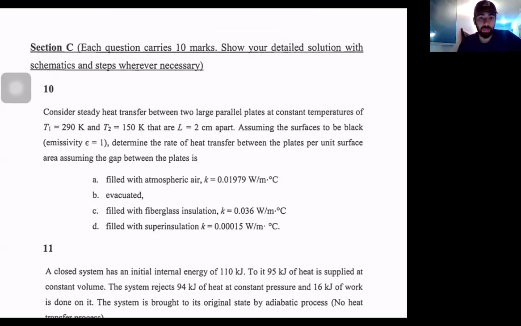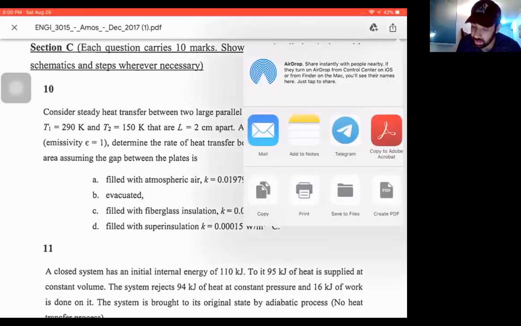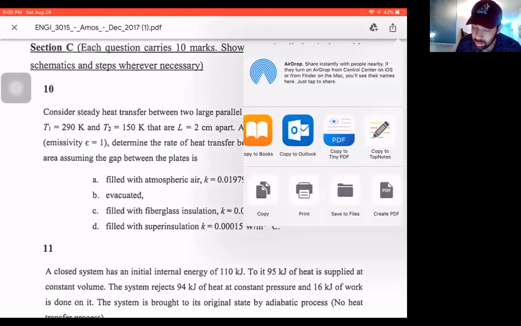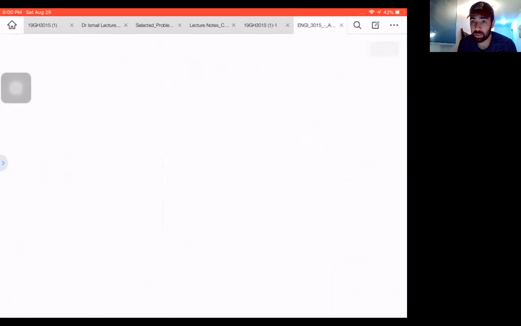For finding the constants of conduction for each of the layers, the important thing here is that the question has not given you the conduction coefficient, the constant K. The constant K really depends on the temperature of the layer you are talking about.